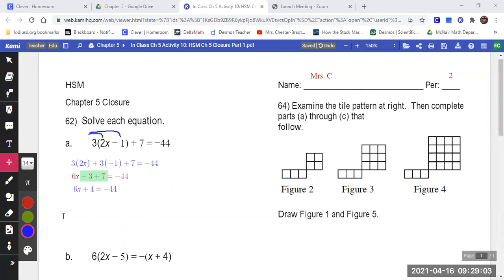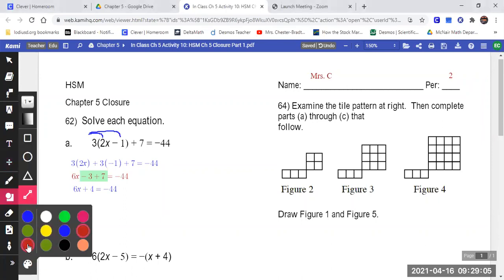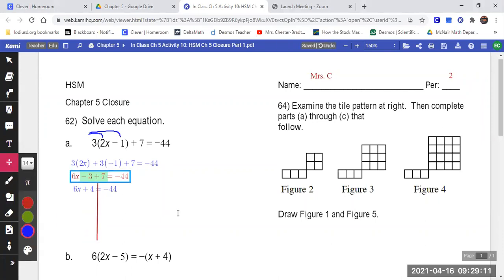Okay, so let's put our balance beam in. Balance beam. What's my first step on the balance beam going to be for this problem? What's going to be the first thing we do for this problem?